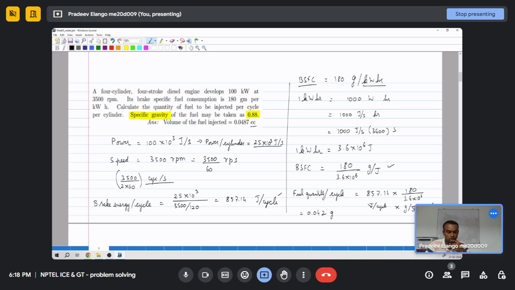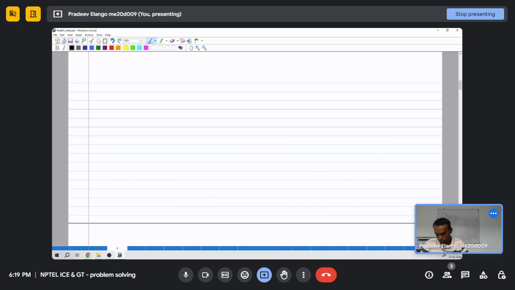What can we do with that? Okay, so how do I put this? Specific gravity is given as 0.88. What is volume by mass?